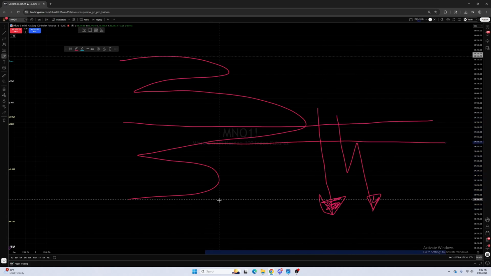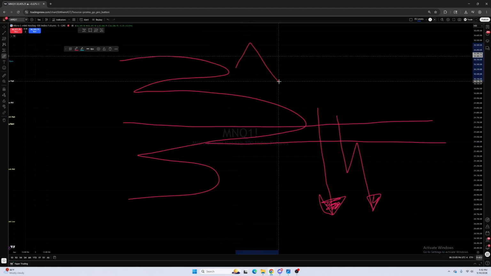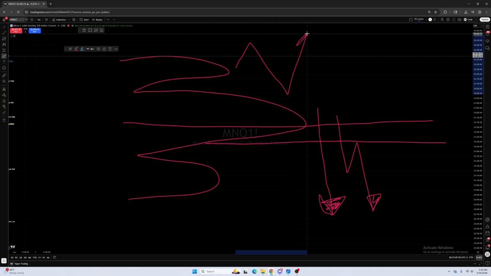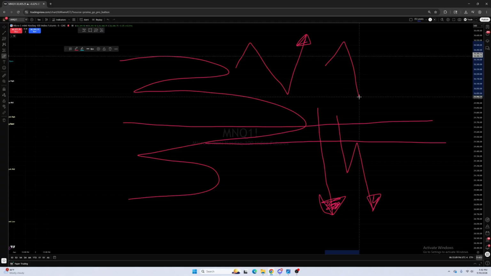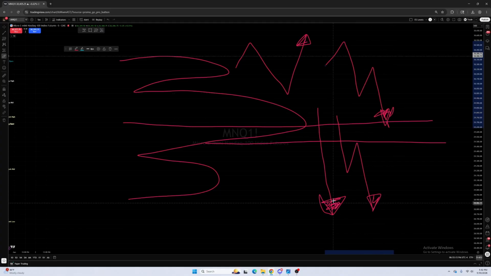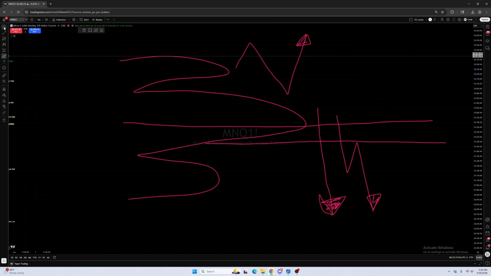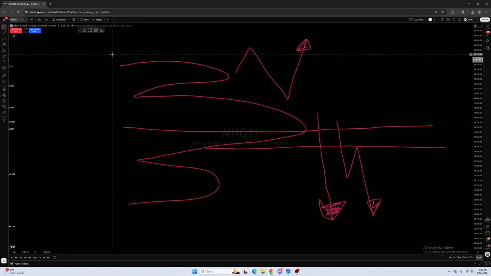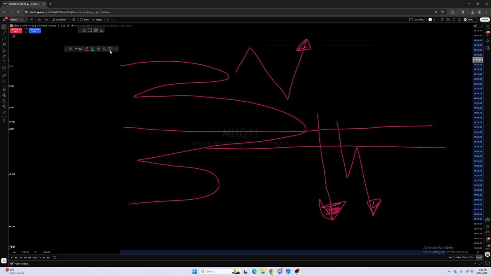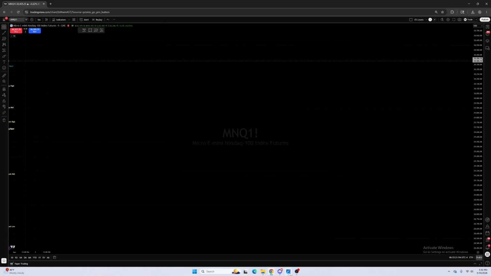It will act as resistance. However, if we're trading above this low volume node, we can have a pullback into the zone and a trade off of it, right? Or you can even have one of these back into the high volume node. So you can expect low volume nodes to have drastic changes.